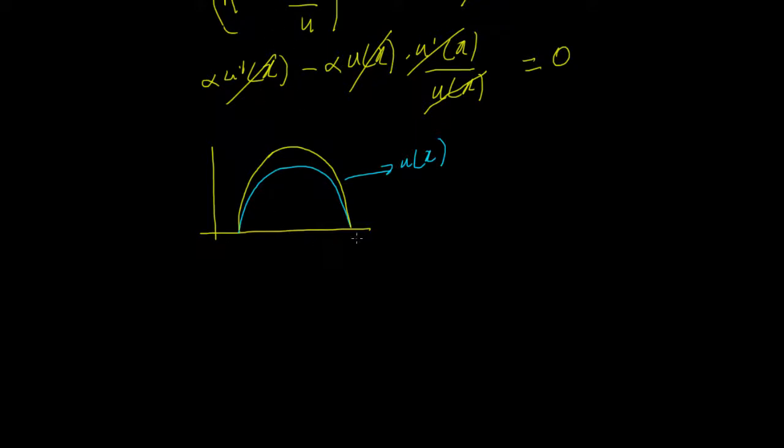In that lies a solution. One of the solutions is that we choose our eta of x so that it doesn't cross this point here.